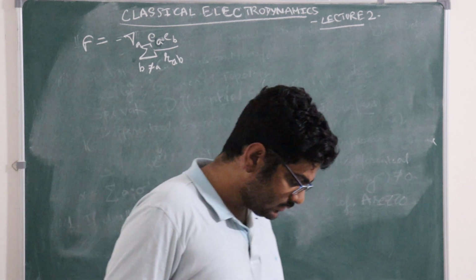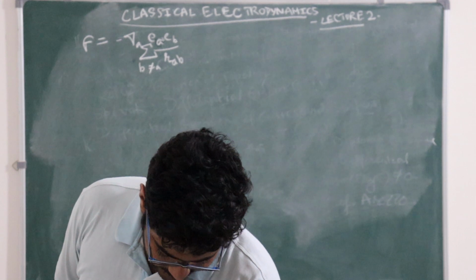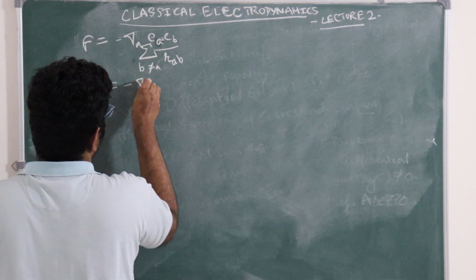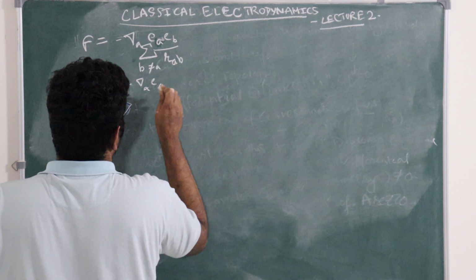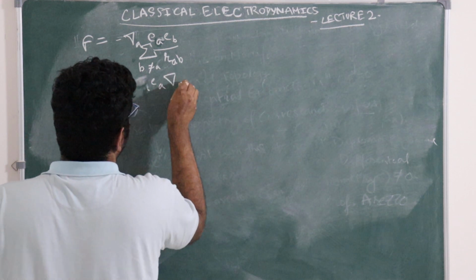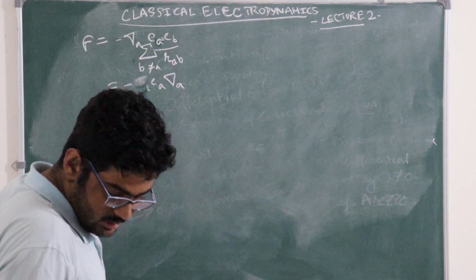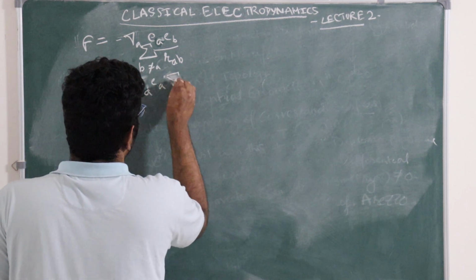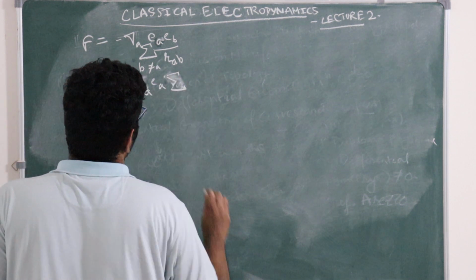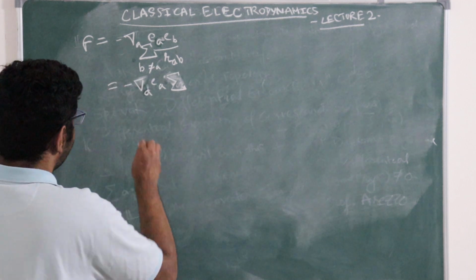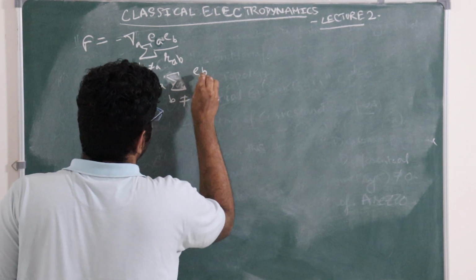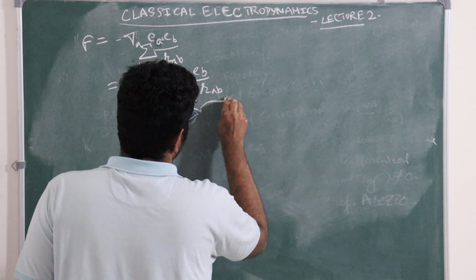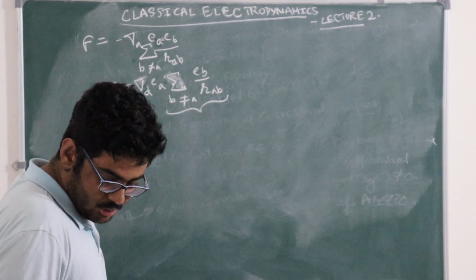And then from this we stated that we could take EA outside, and we would have the summation over B not equal to A of EB by RAB, and we recognize this thing as the potential.